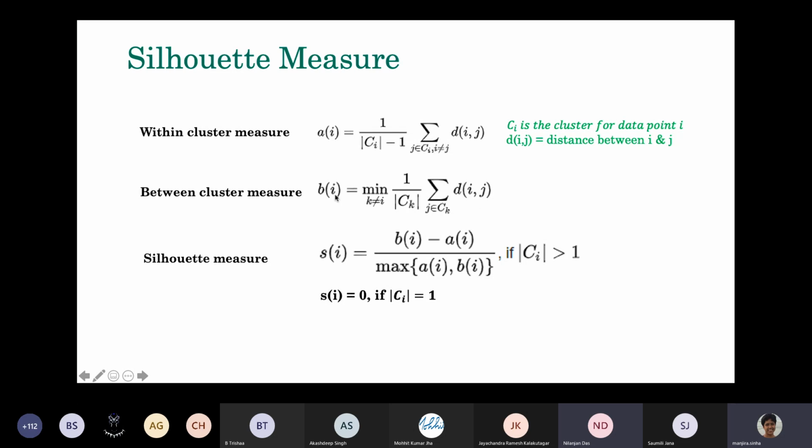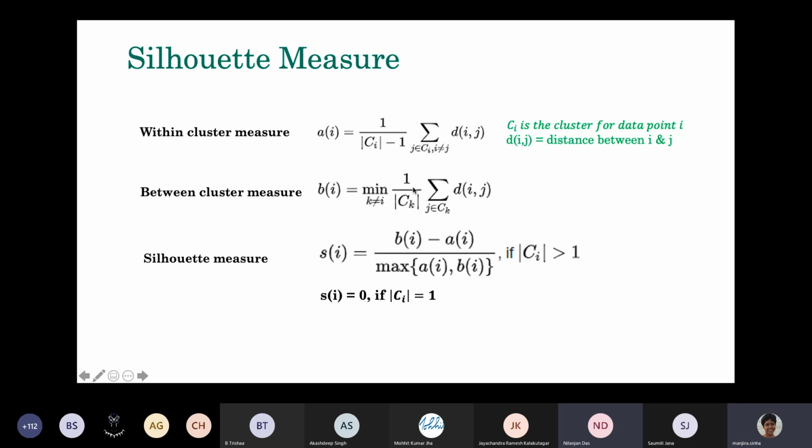So this is just for one i, right? For this i, we are calculating its distance for every j belonging to the cluster K. The i in the parameter, the i which is passed as parameter in B, is that i for the data point or for the cluster?